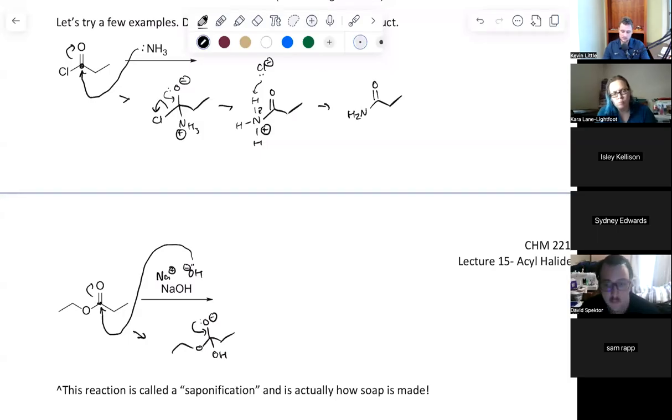So technically, this isn't as good of a leaving group as a chlorine, right? This isn't traditionally thought of as a good leaving group, but in this case, this will act as a leaving group. Any heteroatom, for the most part, will act as a leaving group, and we'll talk on Monday about some of the exceptions to this.